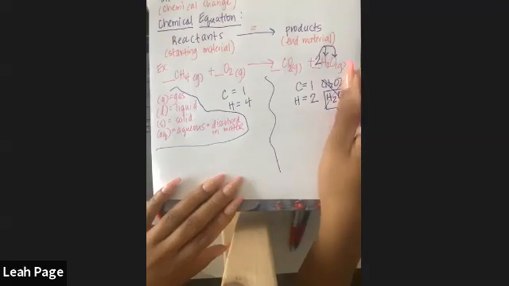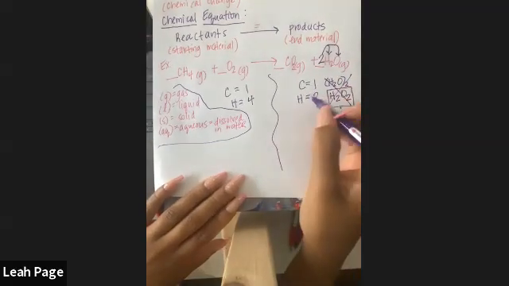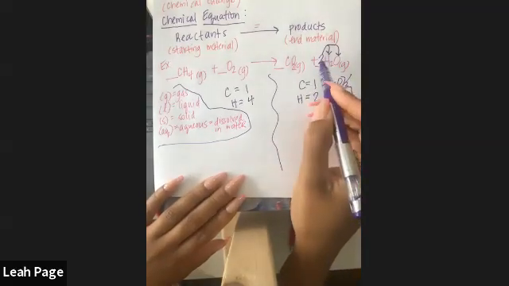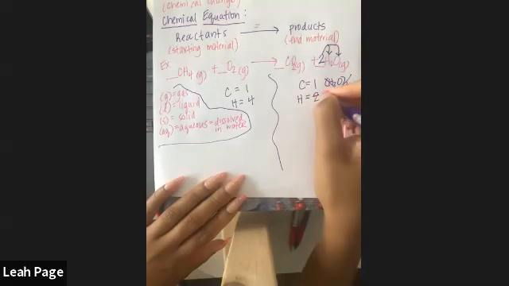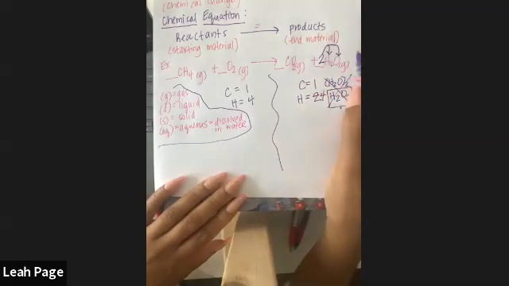I'm just going to scratch this out so it doesn't get confusing. All right, so now I put the 2 in front of the water. I now have 2 times H2, which makes it 4 hydrogens. And now I have 2 times O, which makes it 2 oxygens.